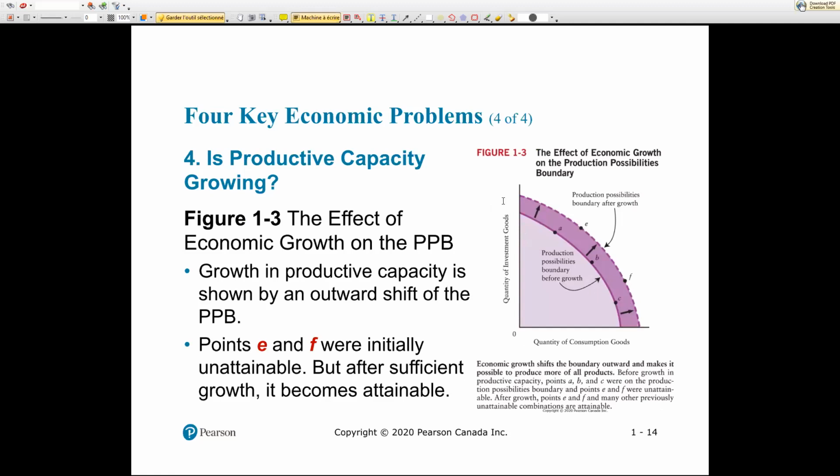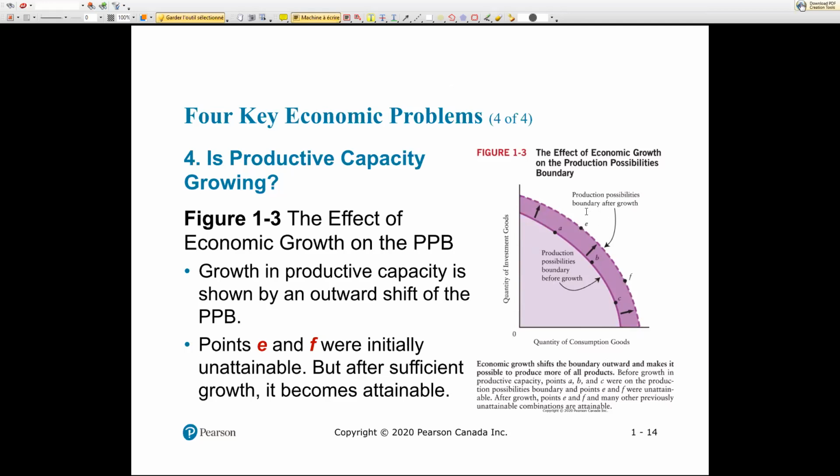Is productive capacity growing? Yes, that's something that we saw with the budget. If I have more budget, then I can spend more on my pizza and beer. Same thing with consumption goods or investment goods. If I have more people in my country or more machines or more capital, then I'm able to produce more. So my production possibility boundary is increasing.